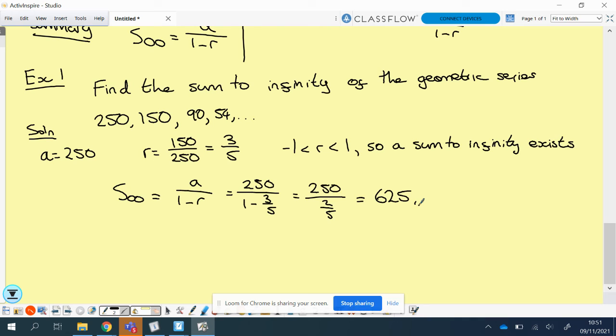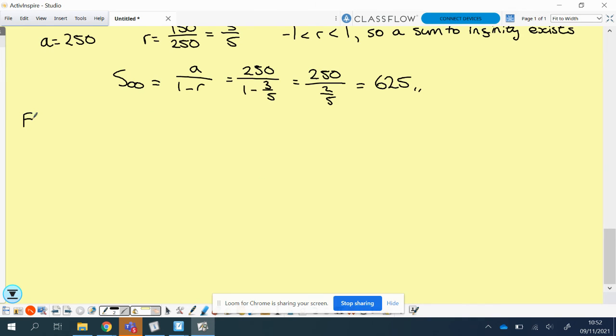Okay with that one? Okay, look at one more, then I'll get you to practice some of these. So example 2. Again, a bit different.